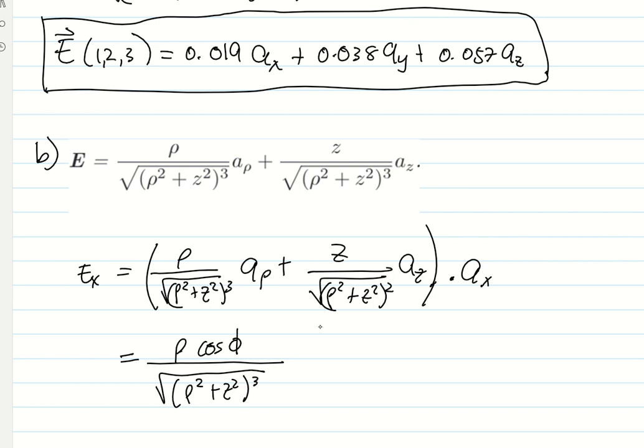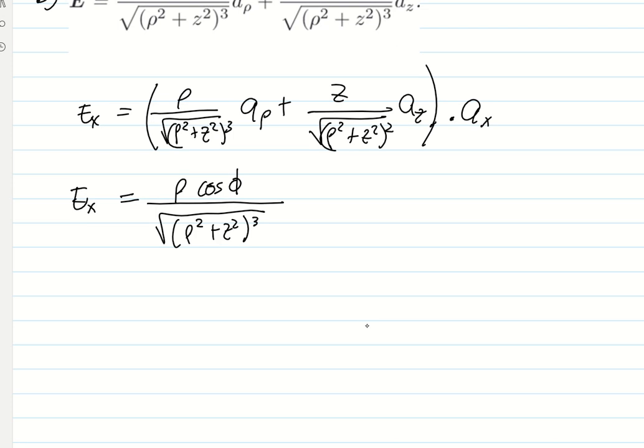Then for z, az dot ax, we know this one, az dot ax is just equal to 0 because they are perpendicular with each other. So the angle is 90 degrees, and cosine of 90 is just equal to 0. So the second term is just equal to 0, and we don't need to write that. Next, we need to convert this into rectangular coordinates. What are our formulas?